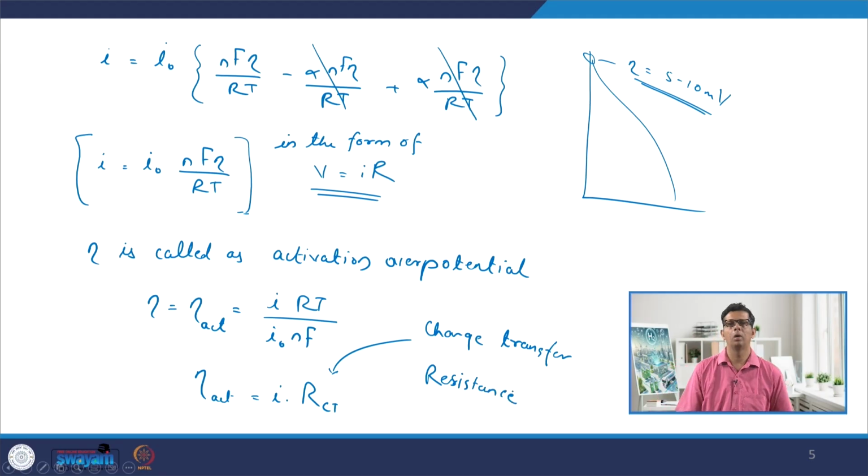RCT is a very important property of the catalyst to transfer the charge, that is, transfer the electrons to or from the diffusion layer. So, the higher the RCT, the inferior the catalyst, and that is why it is always better to have this RCT as low as possible in order to have better kinetics at the reaction sites.